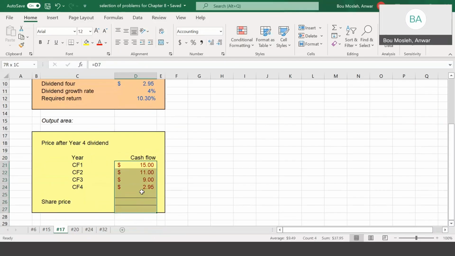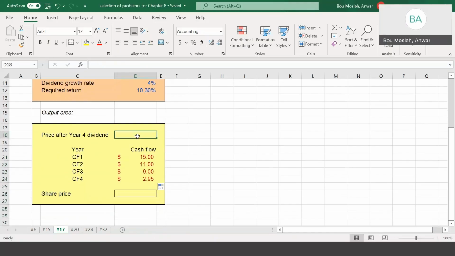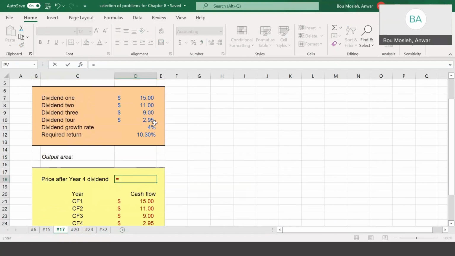Basically, here we need to calculate the value of P4, which substitutes all the dividends from year 5 till infinity. So we need D5. We're not given D5, we're given D4, and we know that D4 is going to grow by 4% every year, so D5 would be D4 growing at 4%.